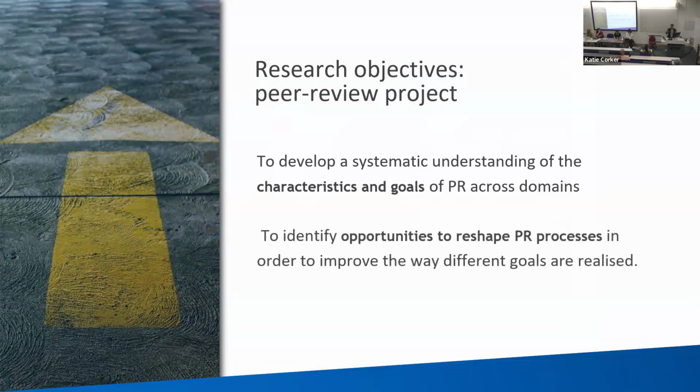And the second one is to identify opportunities to reshape peer review processes in order to improve the way different goals are realized. And that relates very much to what we are doing with MetaROR. So we are running the system, and as we go as editors, as reviewers, as participants, as authors in the system, then we are shaping to see what works best.